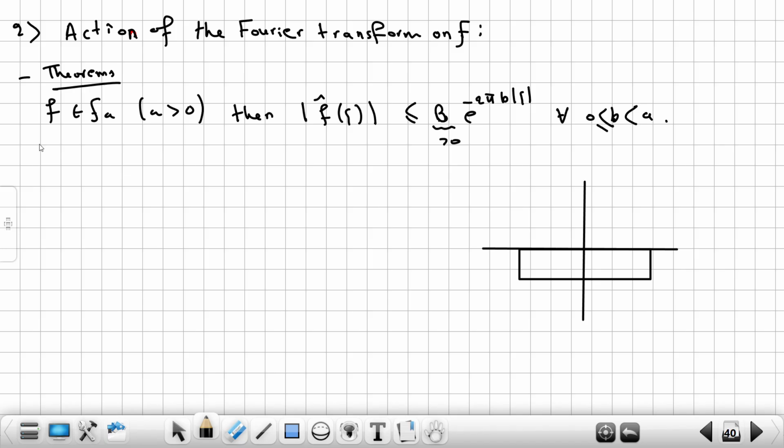So we will assume in the proof that b is strictly greater than 0 and strictly less than A.